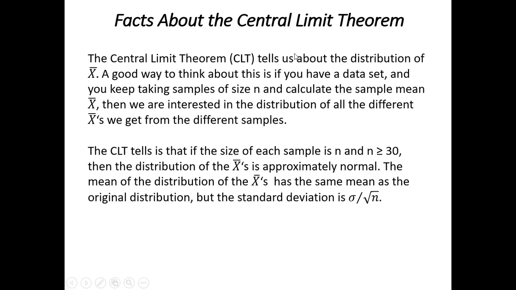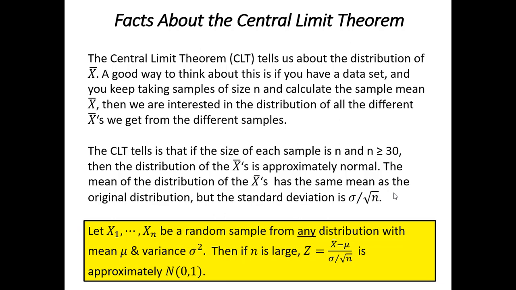If the underlying distribution has a certain mean, then the distribution of sample means has the same mean. But that's not the case for the standard deviation. Okay? If the underlying distribution has a standard deviation sigma, then the standard deviation of the distribution of the sample means is equal to sigma divided by the square root of n. So this is an important term that you'll see over and over again in the next few topics that we study.